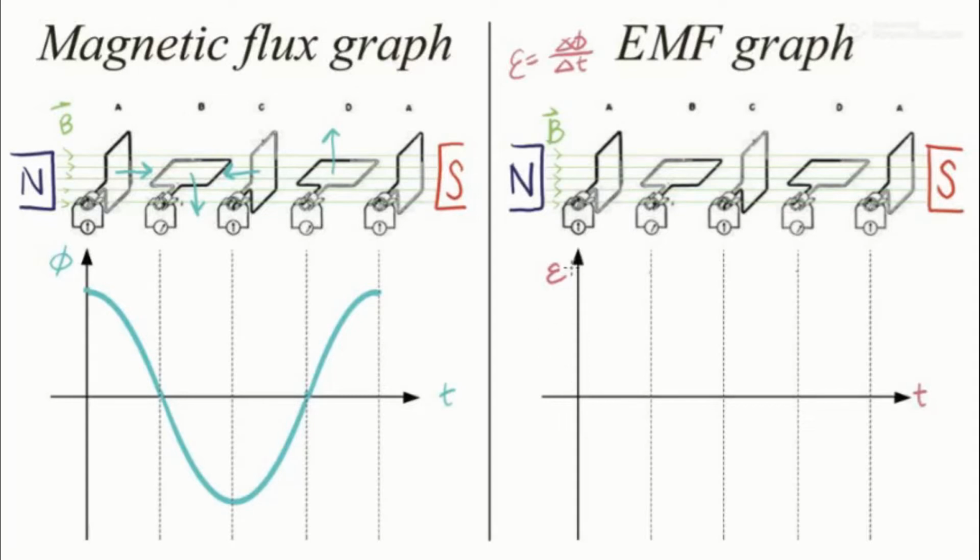We can say that the EMF graph is basically the modulus gradient graph of the flux graph that we have here. We know that the maximum and minimum points of the flux graph have a gradient of 0. So we can easily plot these points onto our EMF graph.